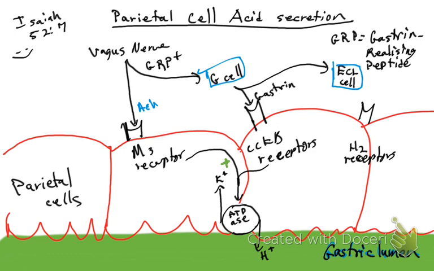Now, we're going to talk about one more that we already started, but we continue. It's called the ECL cell. So ECL stands for enterochromaffin. Okay, I think that probably we don't have too much room there. Let me just do better on the top.